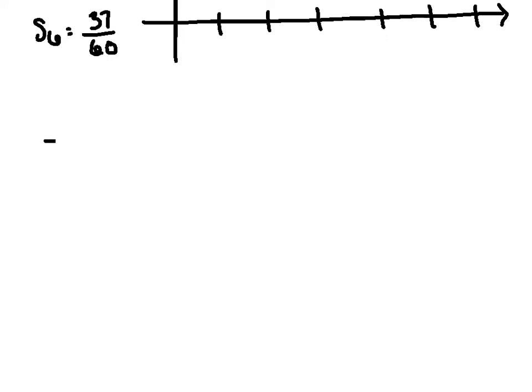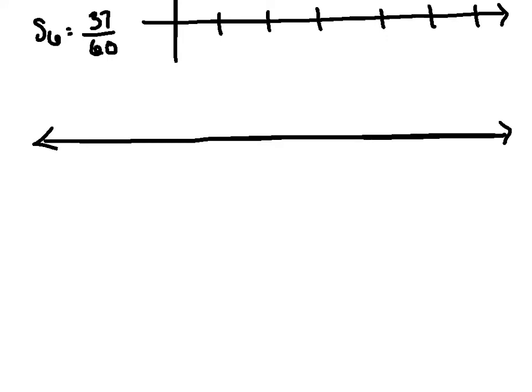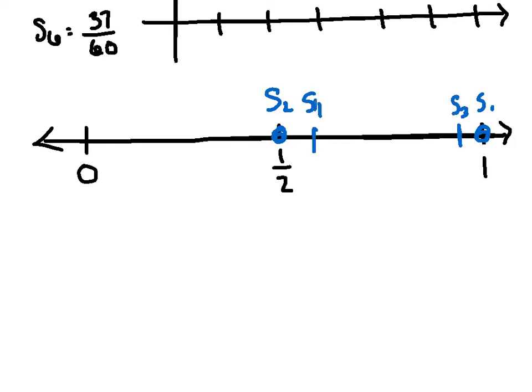Another graphical approach that I like to take on this alternating harmonic is simply in the form of a number line. Let's say I have this number line and I say, okay, there's my 0 and there's my 1, and I just want to keep a running total of my sums. And of course we notice that the first term is right here, and then the S sub 2 is right there. The sum of the first 3 terms was right here. The sum of the first 4 terms is right there. There's S sub 5, S sub 6, S sub 7, S sub 8, S sub 9, and so on and so on.